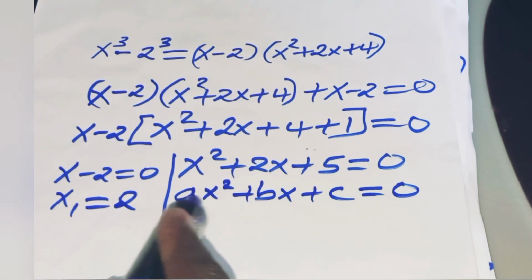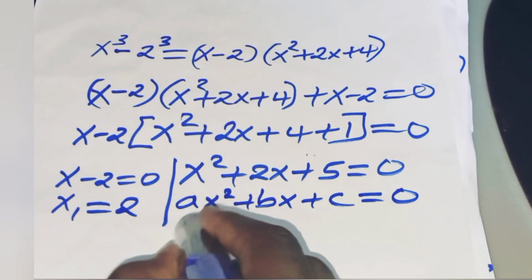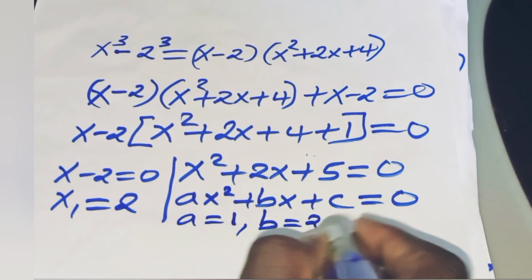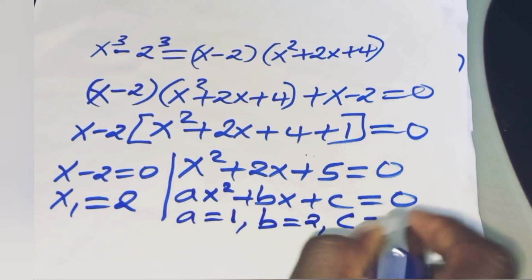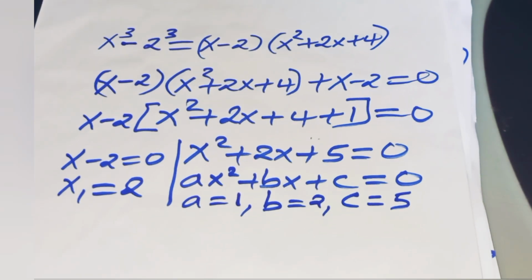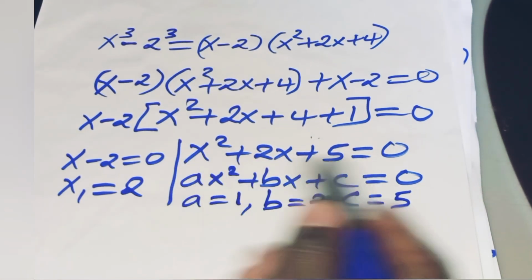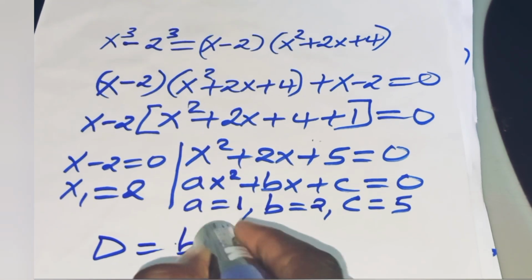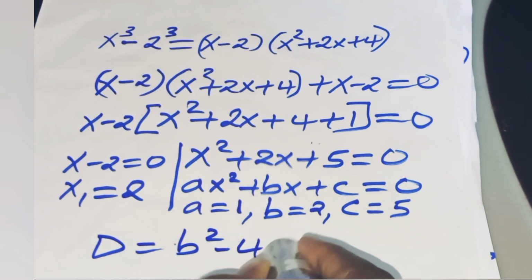So we have the first coefficient a as 1, b equal to 2, and c equal to 5. Now we can check the nature of the roots of this quadratic equation by assessing the discriminant value, which is b squared minus 4ac.